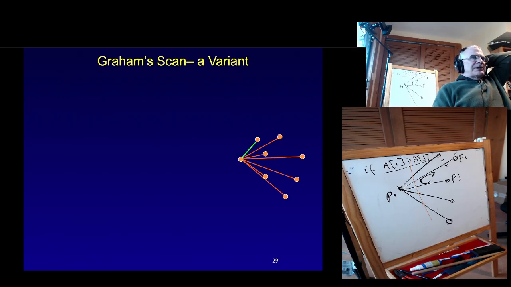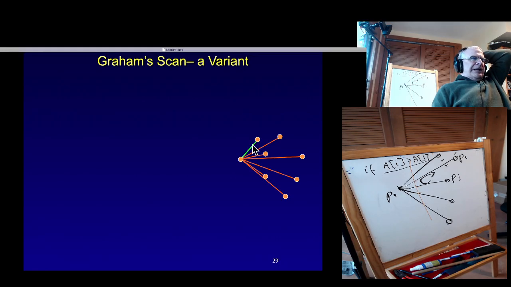So I computed them in clockwise order, starting from the leftmost point.